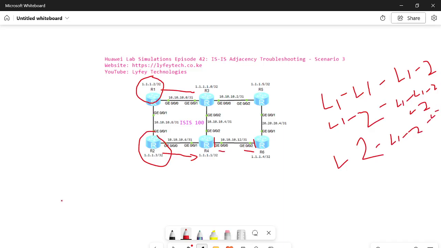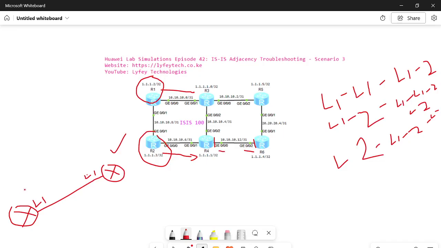So if you have a network, you have one router here, and you have another router here. And between these two routers, you configure this side is level 1, this side is level 1, the adjacency will come up.